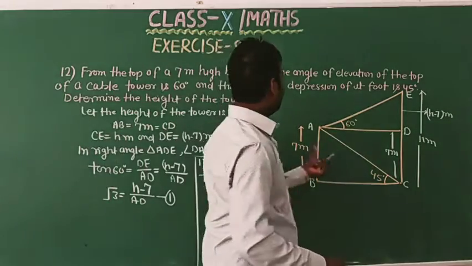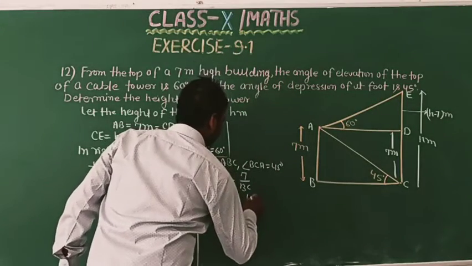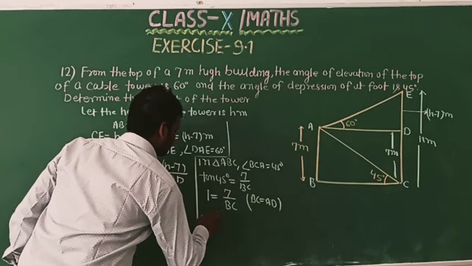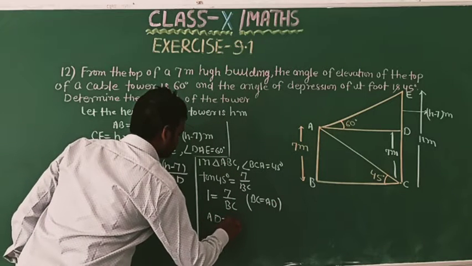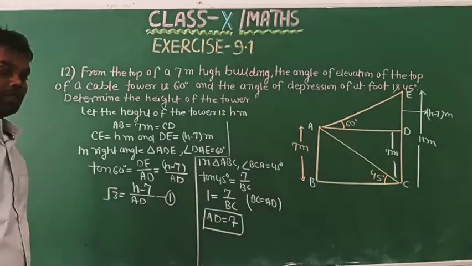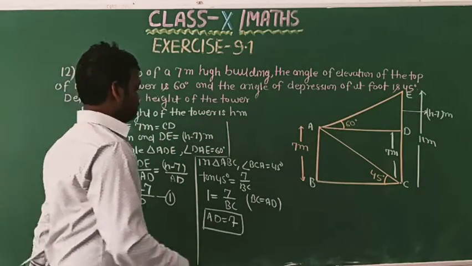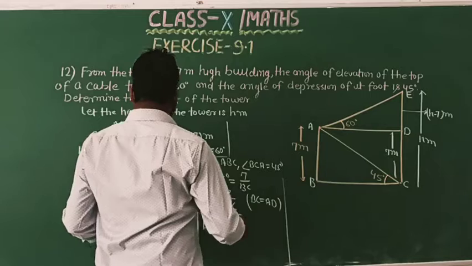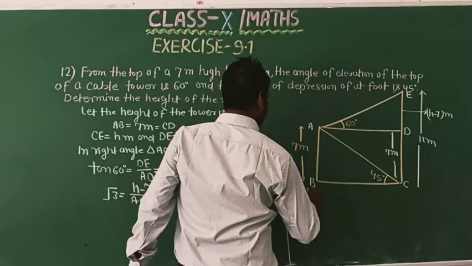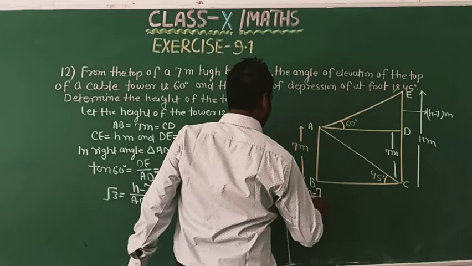And now using here BC and AD are equal. So therefore AD equal to 7 meter. Now substituting the value of AD in equation 1, square root 3 equal to h minus 7 by 7.